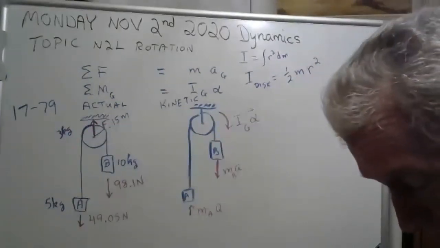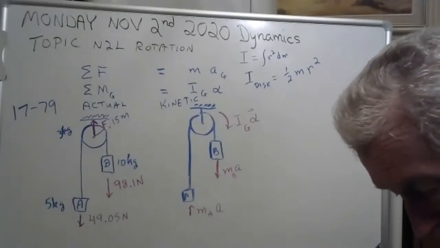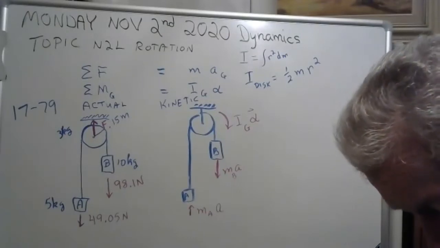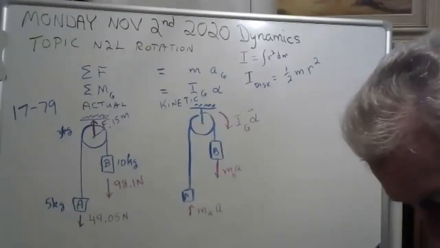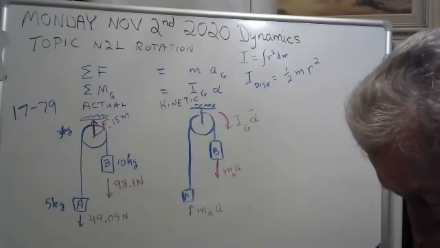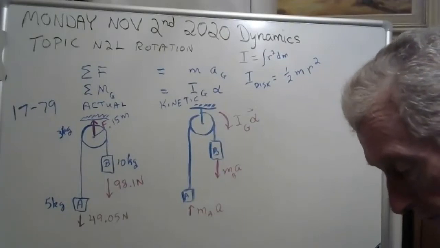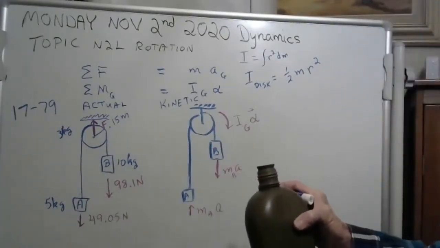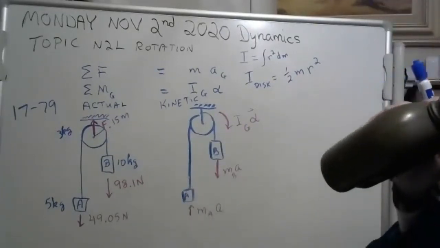Now, I'm not sure the book really emphasizes this business of drawing two free body diagrams. I'm trying to look and see here. Yeah, they do. They have the two, but it's sort of subtle. I don't think they spell it out like this. I want two free body diagrams.